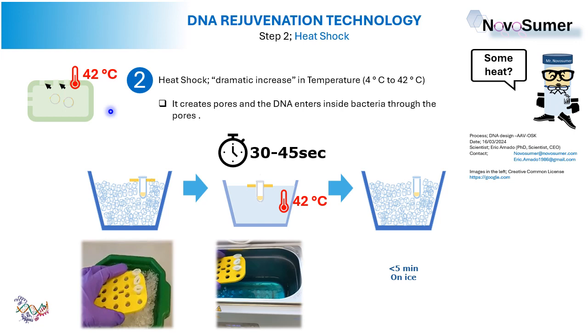Okay, so let's go for it. What do we need first? Remember, we had an Eppendorf tube with the DNA and the bacteria cells. Okay, here it is. So what do we need in this step? In this step, we need a floater.